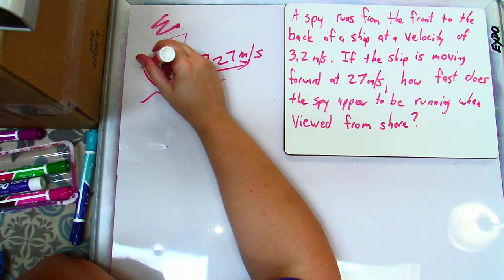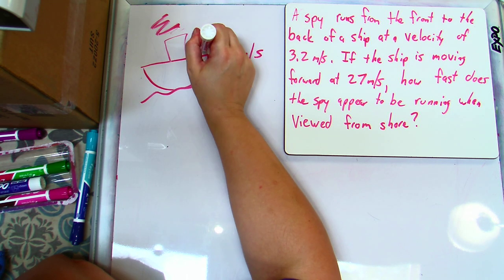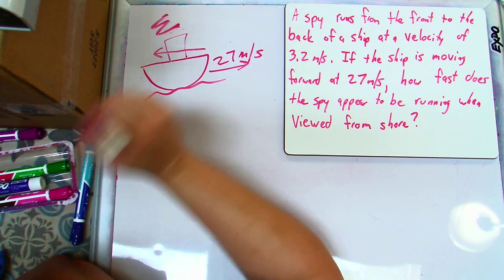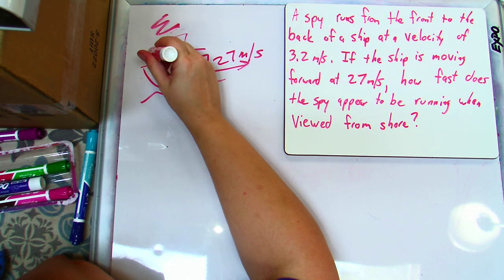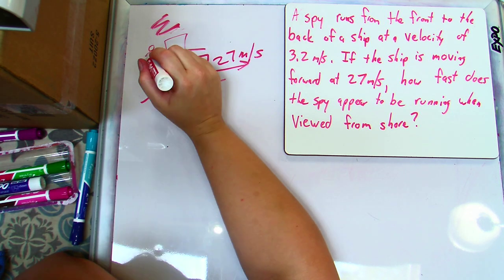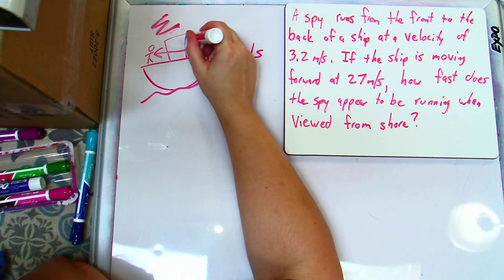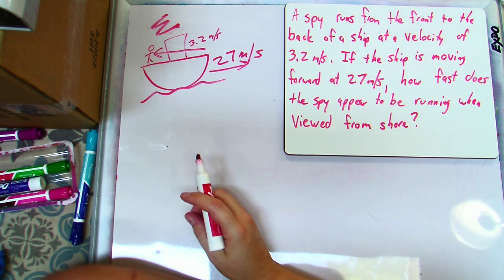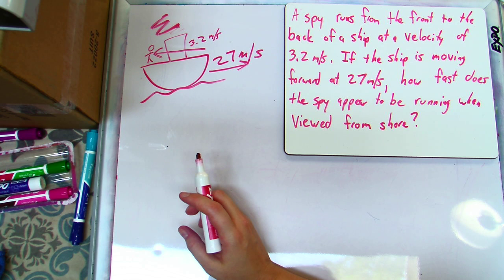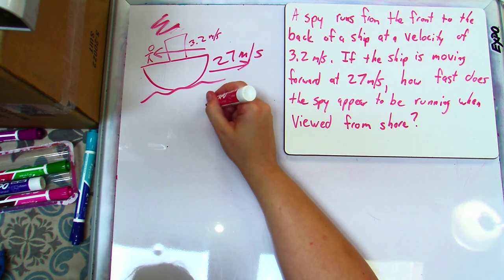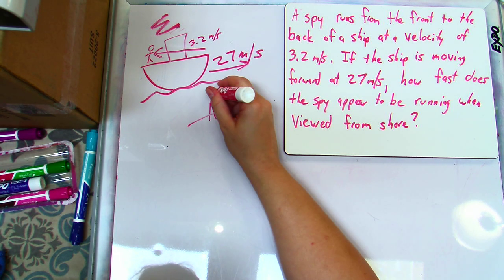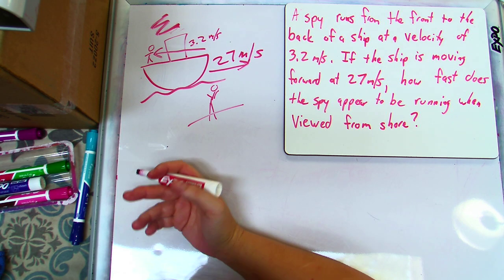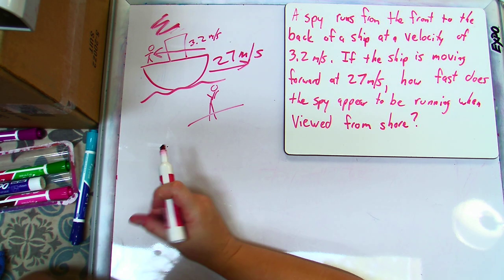We have a spy who is running from the front to the back of the ship, and he is running with a velocity of 3.2 meters per second. And we have to find the relative velocity. So if someone is standing on the shore, how fast does it appear that the spy is moving?